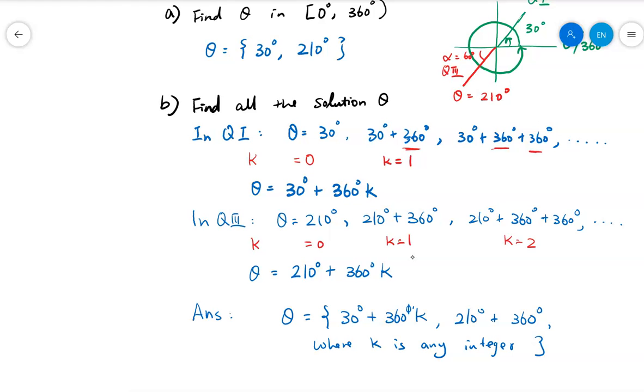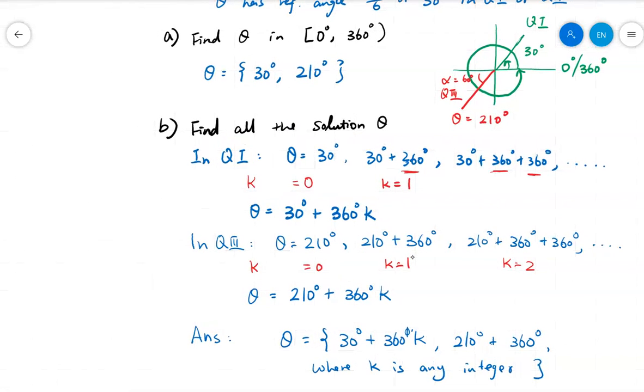However, because we have a really special trig function, which is tangent, we can see from the picture that 30 degrees and 210 differ by 180.